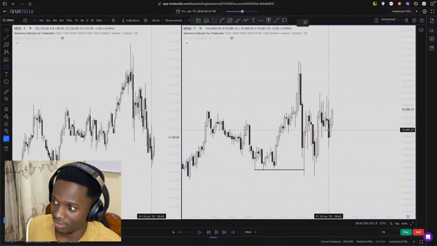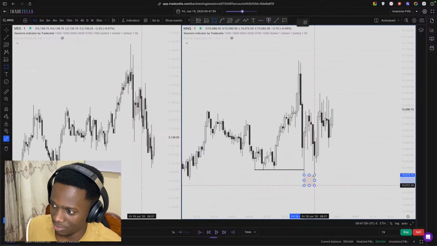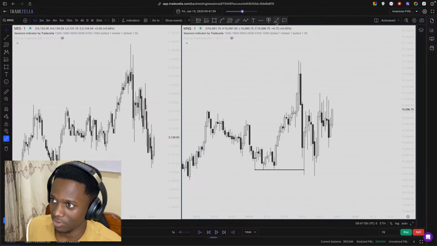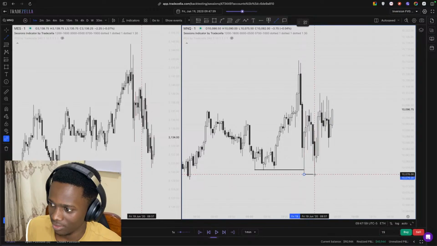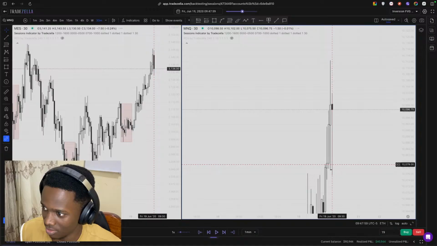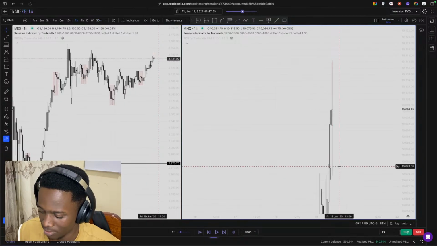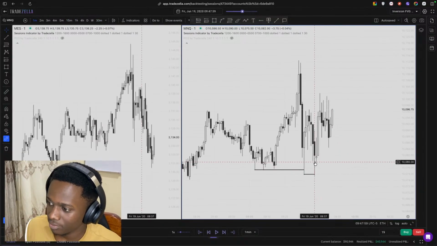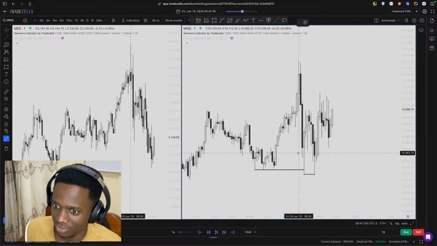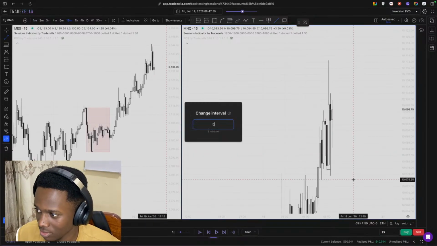We have another small run here, and as those runs print, they are in the 15-minute. Is it an SMT with ES? Actually, it's not an SMT, so we might be cooked.